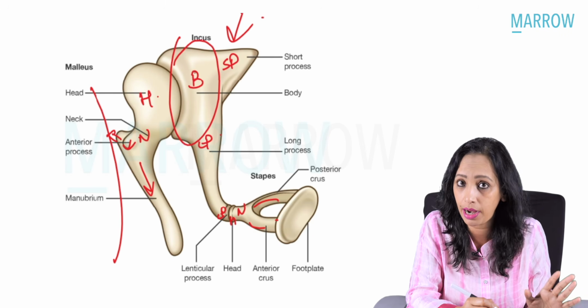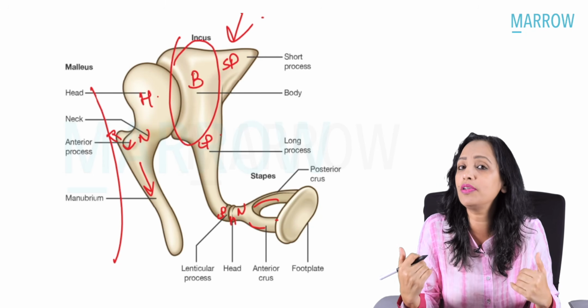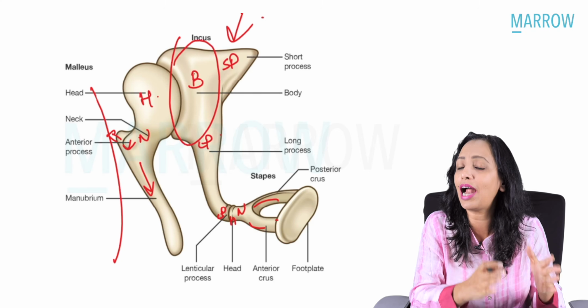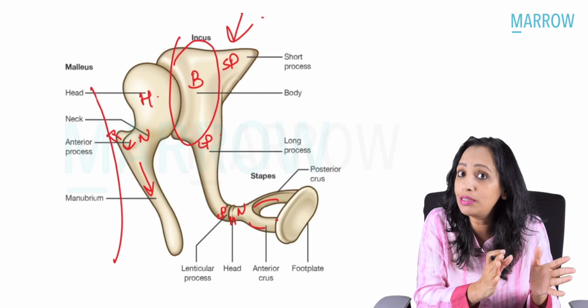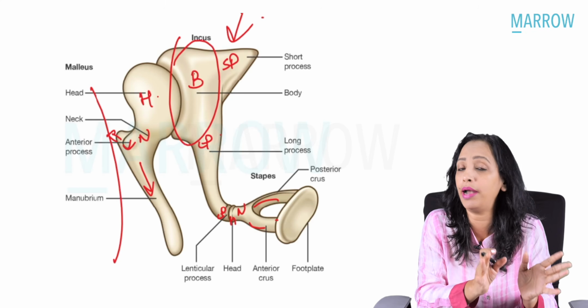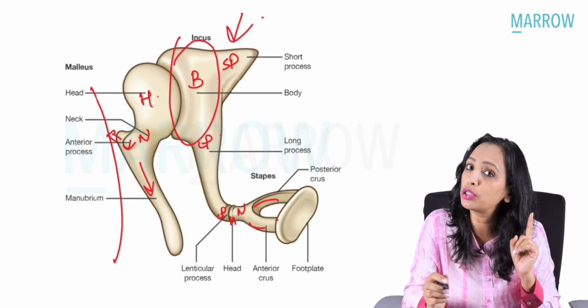It cannot be the head because limbs can never arise from the head. Limbs always arise from the body. It means that that part of the ossicle is a body. And which ossicle directly has a body, with no head and no neck? Yes, that is the incus. So that is how you are going to identify.